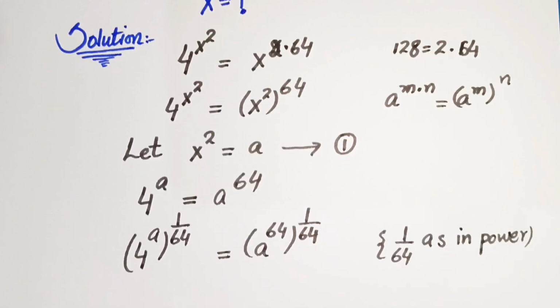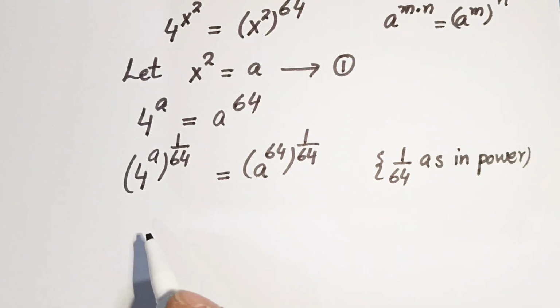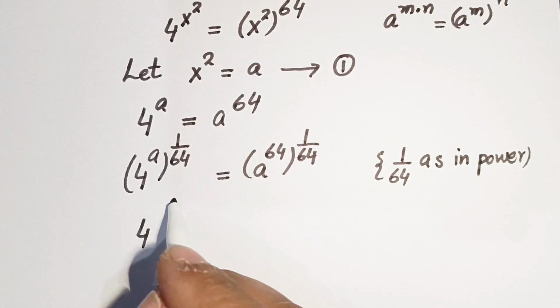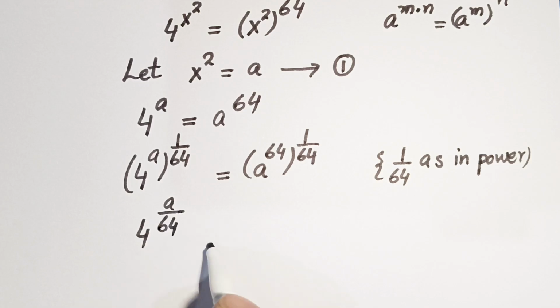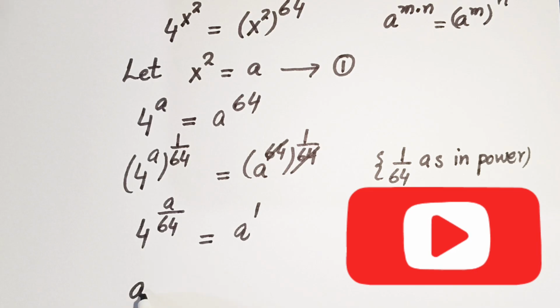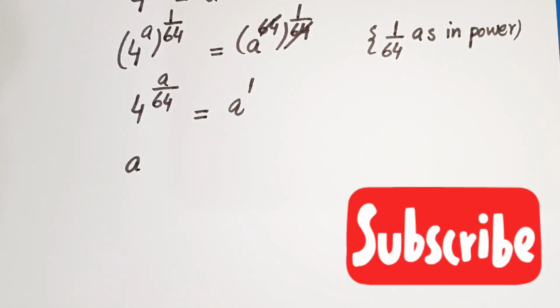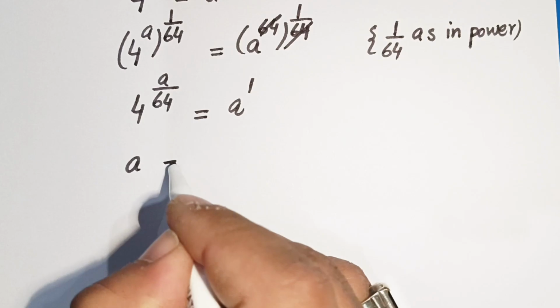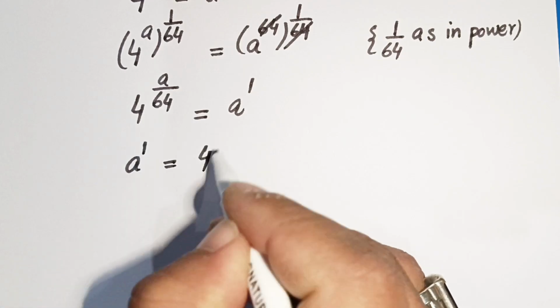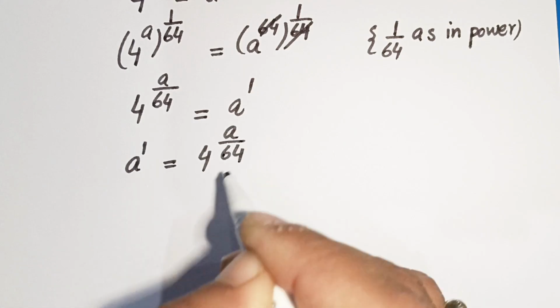Now here we have that 4 to the power a over 64 is equal to, here 64 can be cancelled out, so we get a to the power 1. Now we can also write this a to the power 1 on our left hand side, so it will be a to the power 1 is equal to 4 to the power a over 64.